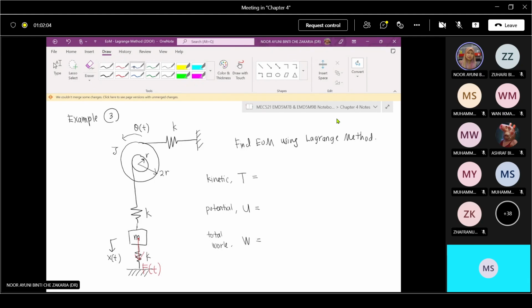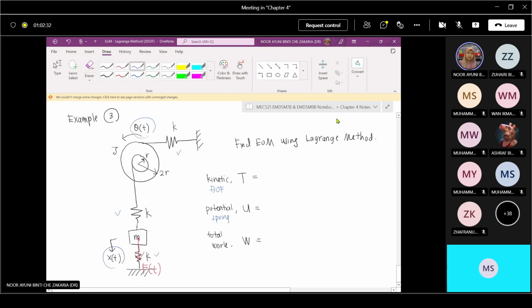So kinetic relates to your degree of freedom. It will relate to your kinetic. So this is your kinetic. You know the kinetic diagram, right? So this is your kinetic. Potential relates to potential of the spring. You have this one, you have this one, and you have this one.